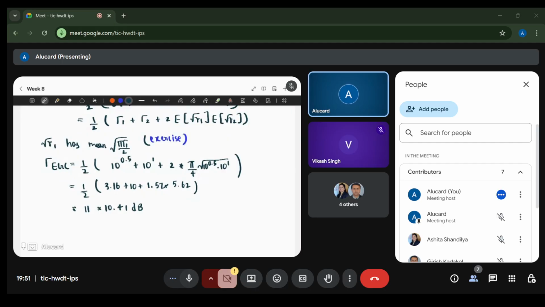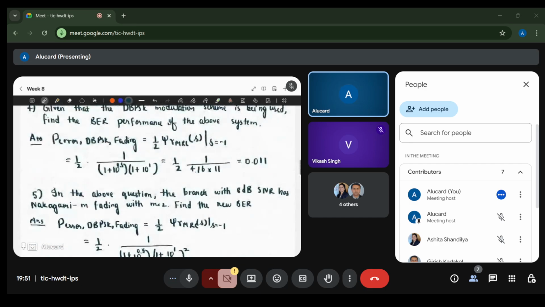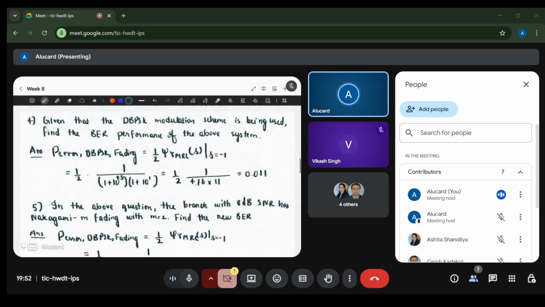Question 8: BER depends on which of the following: modulation scheme, type of fading, antenna diversity. So we saw BER for two different fading cases.